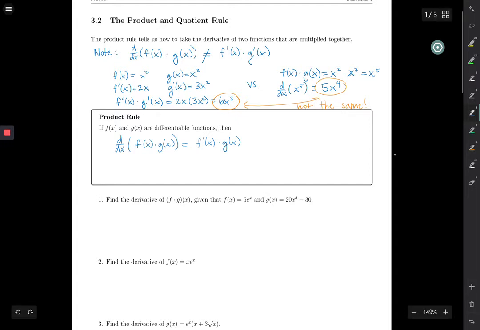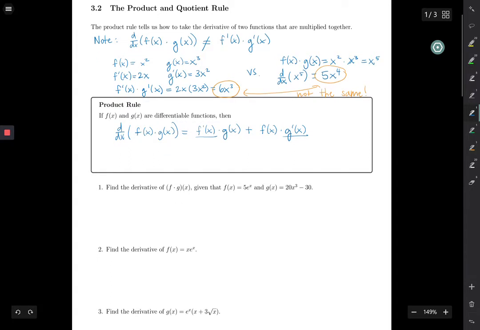We don't do anything to that. And then we add the function f, just plain, multiplied by the derivative of g. So see that we have two terms, and in each of them we have exactly one derivative. So in the first one we have f prime, and then g is left alone. In the second one we have g prime, and f is left alone.